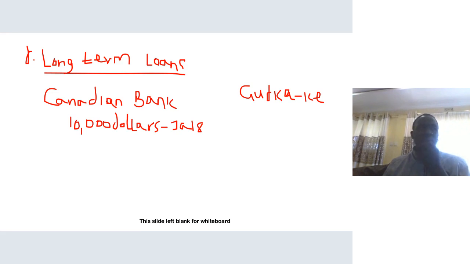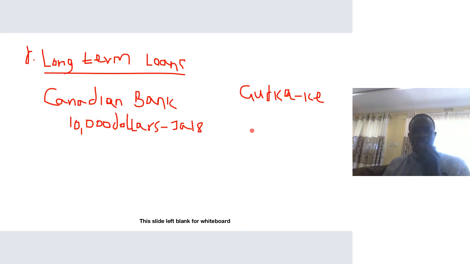Now, the year end for Goodcar is 31st December 2018. Now we are told to prepare the Goodcar Limited loan account. And then we are also given the exchange rates.